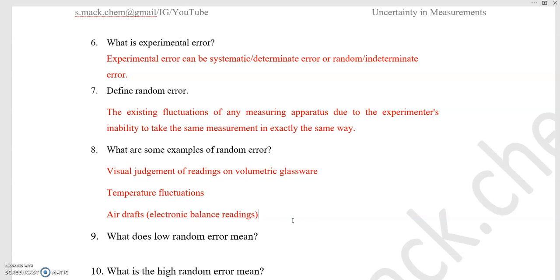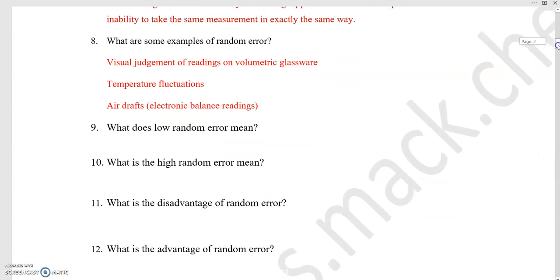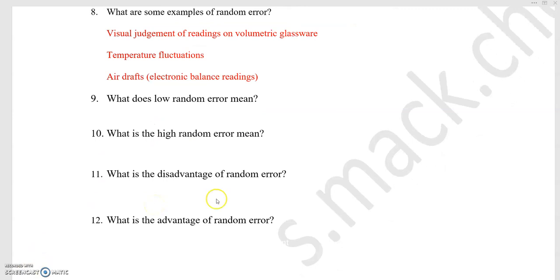So we say that random error is a source of experimental error, and we're going to go on to look at how a random error affects the accuracy and or precision of the experiment. So if random error exists in your experiment, let's look at what the degree of random error would mean.